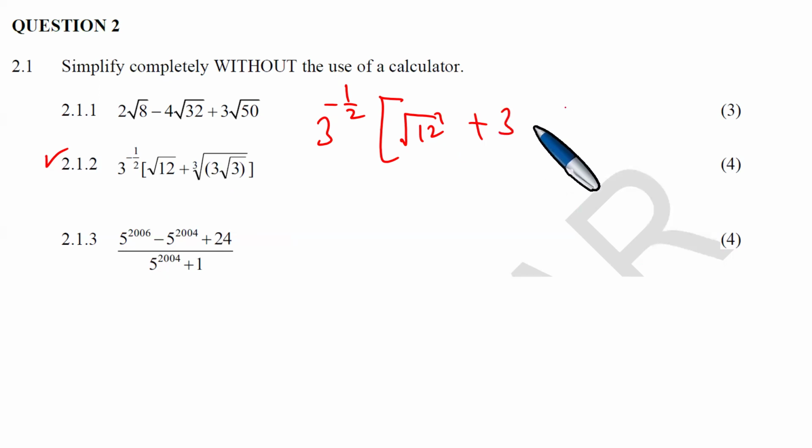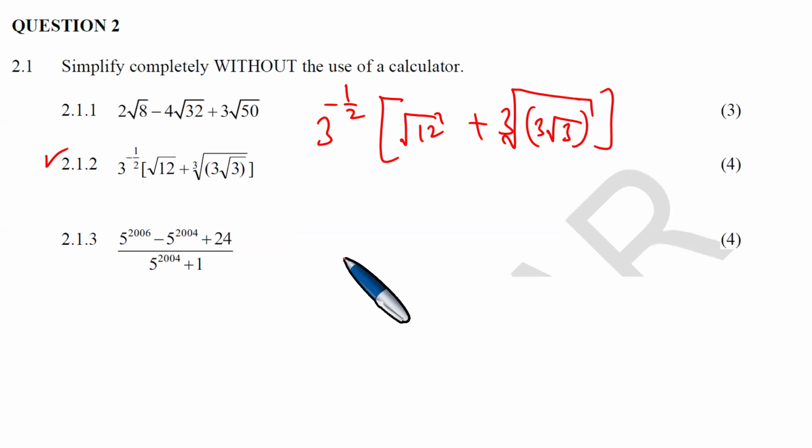And then we have the cube root of open bracket 3 times the square root of 3, close bracket. Okay, what do we do here at this point? We have 3 to the minus 1/2.